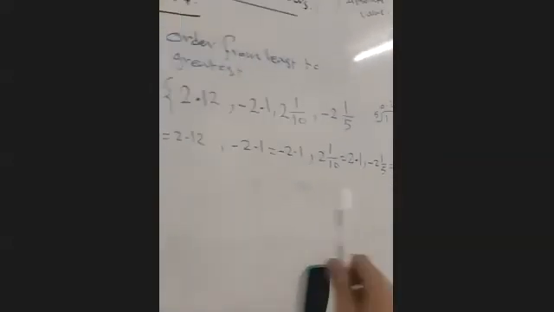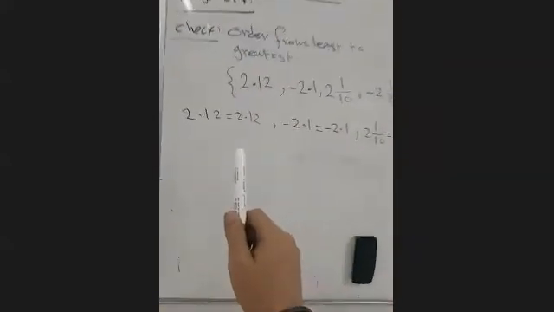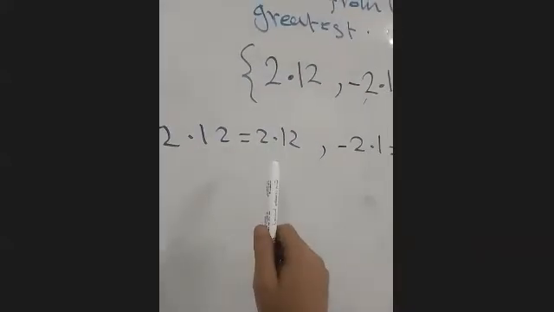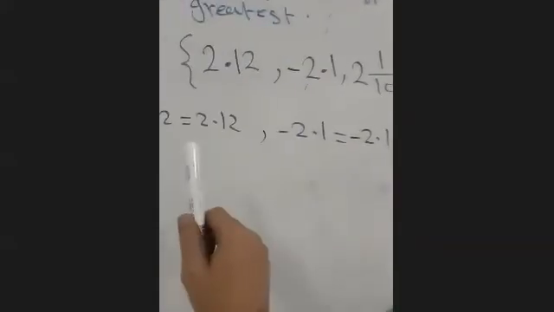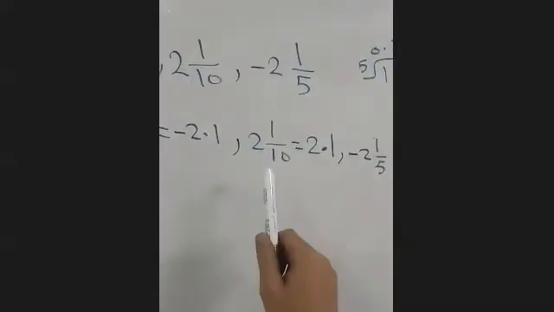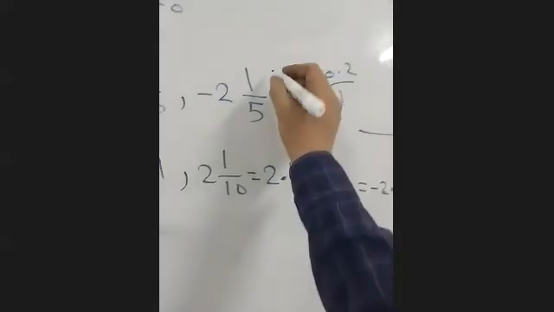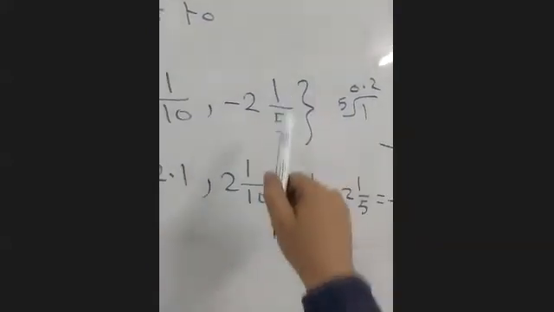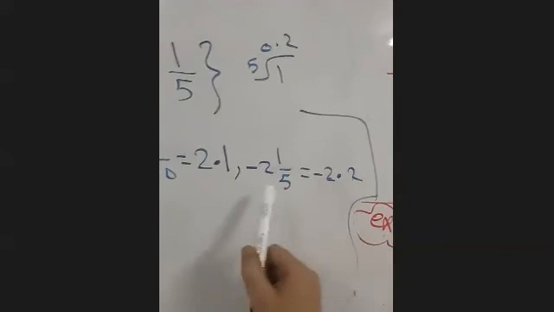Now look here, guys. I turned them all to decimals. Please copy. The first one is still the same. The second one is still the same because they are already decimals. The third one, 2 and 1 over 10, is 2.1. The fourth one, negative 2 and 1 over 5, is negative 2.2.